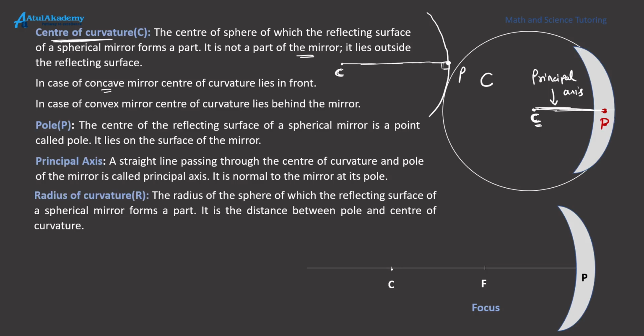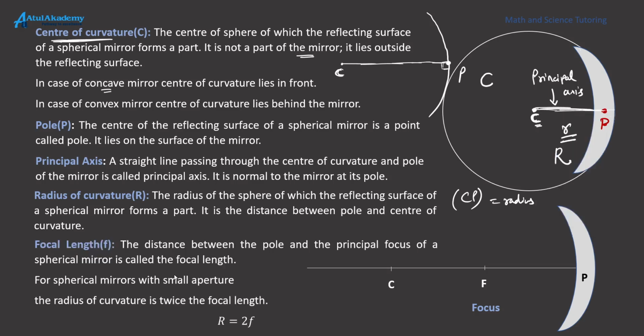This distance, CP, is the radius, because it is the center of the sphere, but we represent it here with a capital R. The radius of curvature is the radius of the sphere of which the reflecting surface of the spherical mirror forms a part. It is the distance between the pole and the center of curvature. That's the radius of curvature. Now focal length.